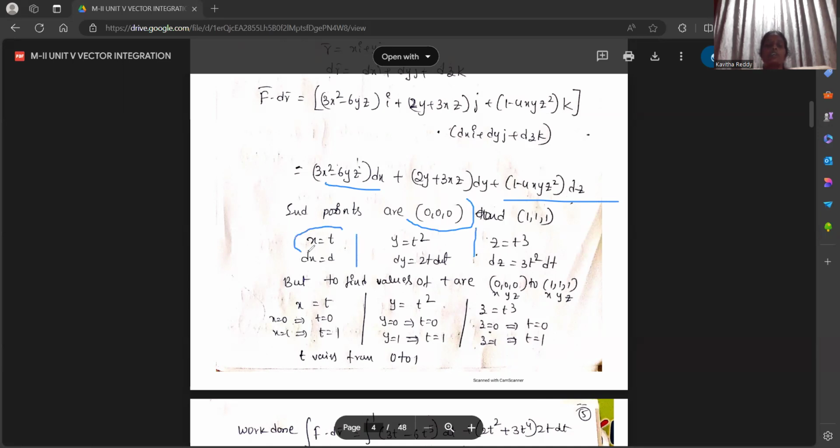x equals t, so dx by dt equals 1, and dx equals dt, since we are integrating with respect to t.